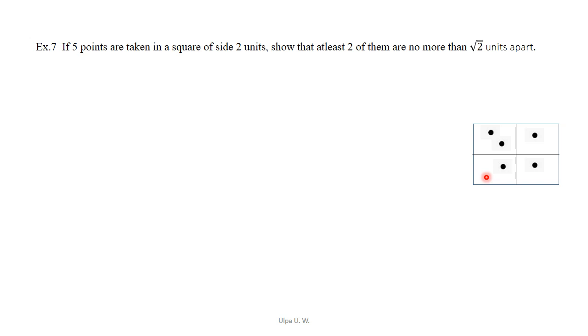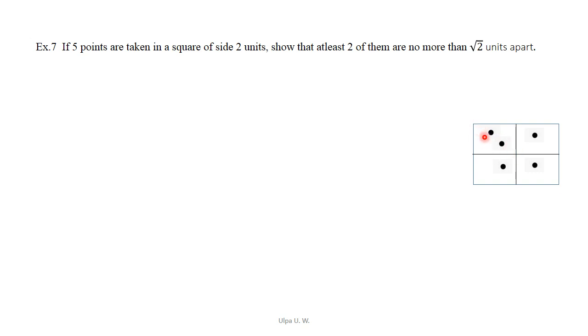Okay. Now I go ahead and place the 5 points in it. First I place the 4 points, then the 5th point would definitely go to one of the already occupied squares. So that means 2 points are going to fall in the same square. Now the highest distance possible between any 2 points in this square is the length of the diagonal.